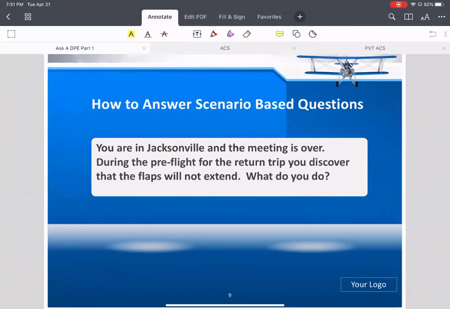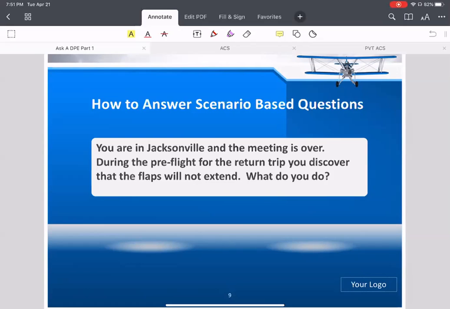But this is just simple inoperative equipment; the kinds of operation equipment list says it's required. The airplane's grounded until it's fixed, or the special flight permit is also an option. So don't try to apply something from one rule to another rule. Make sure it's in the appropriate category.